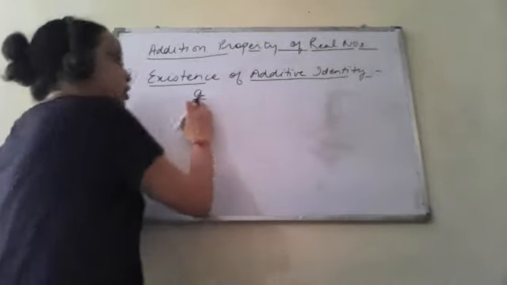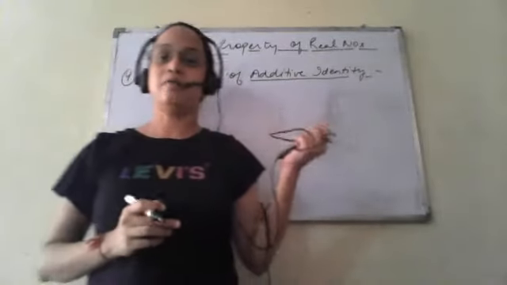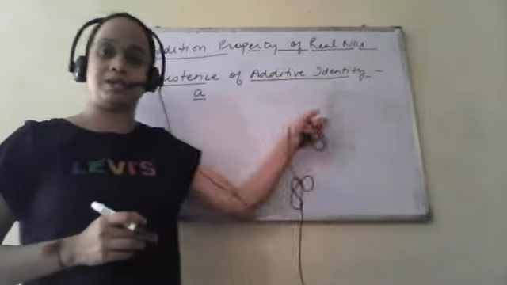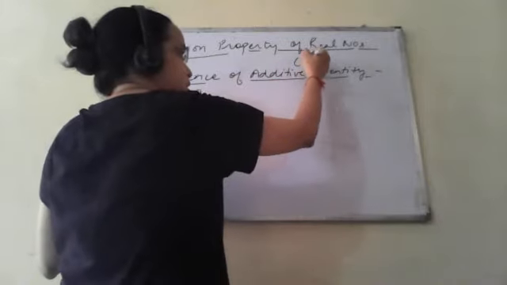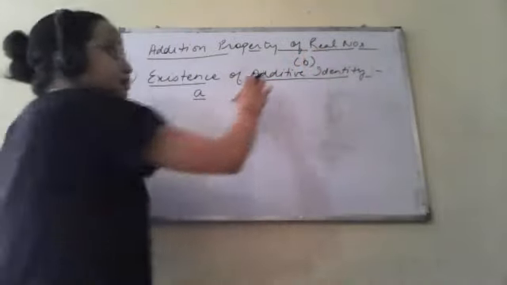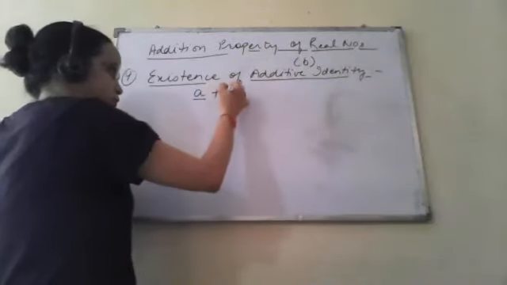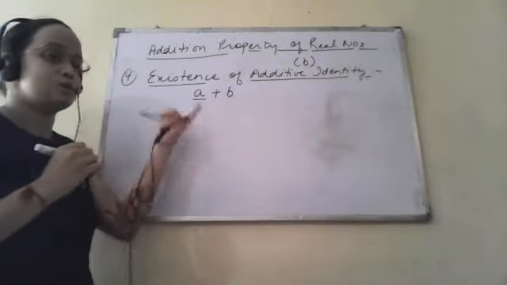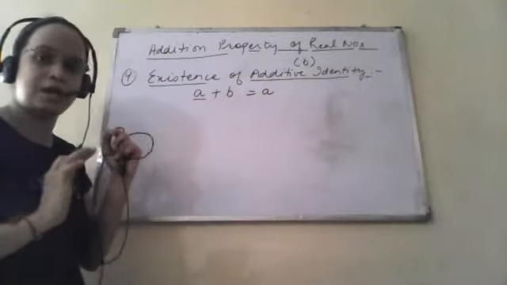Suppose the additive identity of A is B, so that when we add that number to A, the result will be the same. If I am adding B to A, our result should be equal to A. So this is the additive identity.